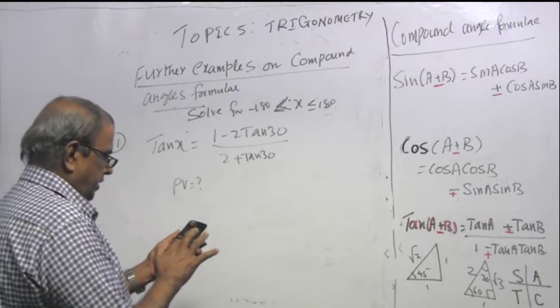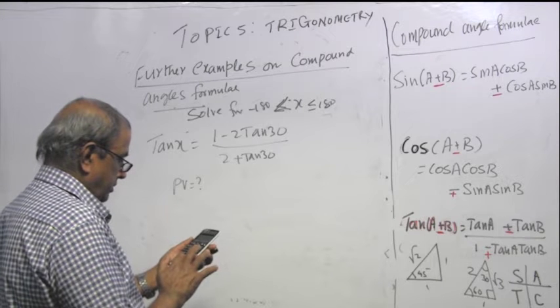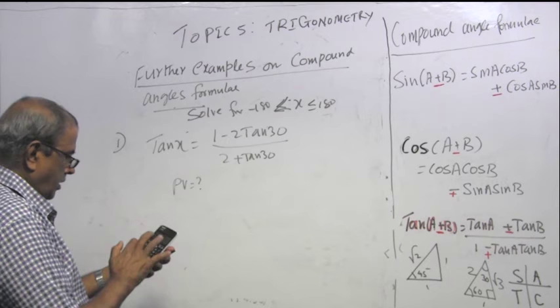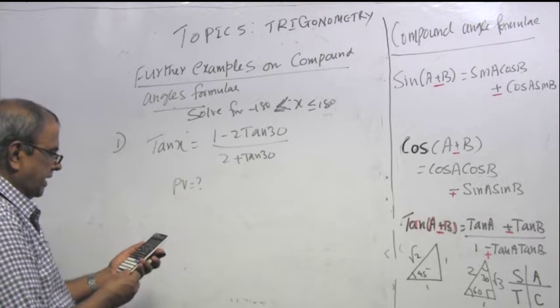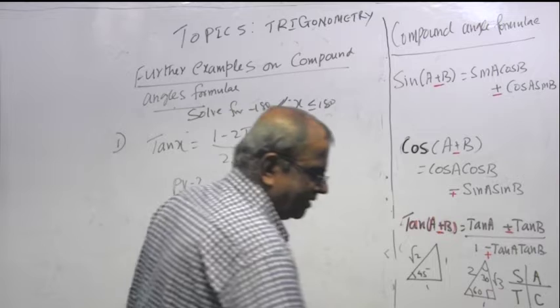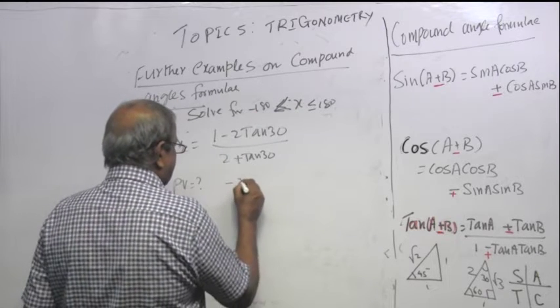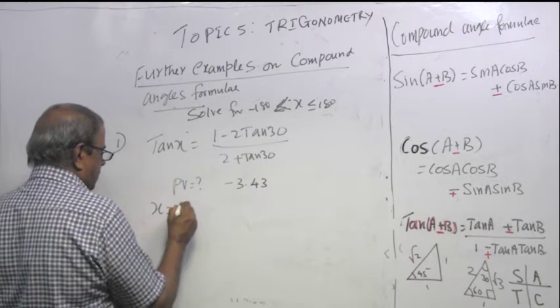Then shift tan, answer. Okay. Minus 3.43. Ooh, so small an angle. Tan inverse is minus 3.43. So x equal to 100.